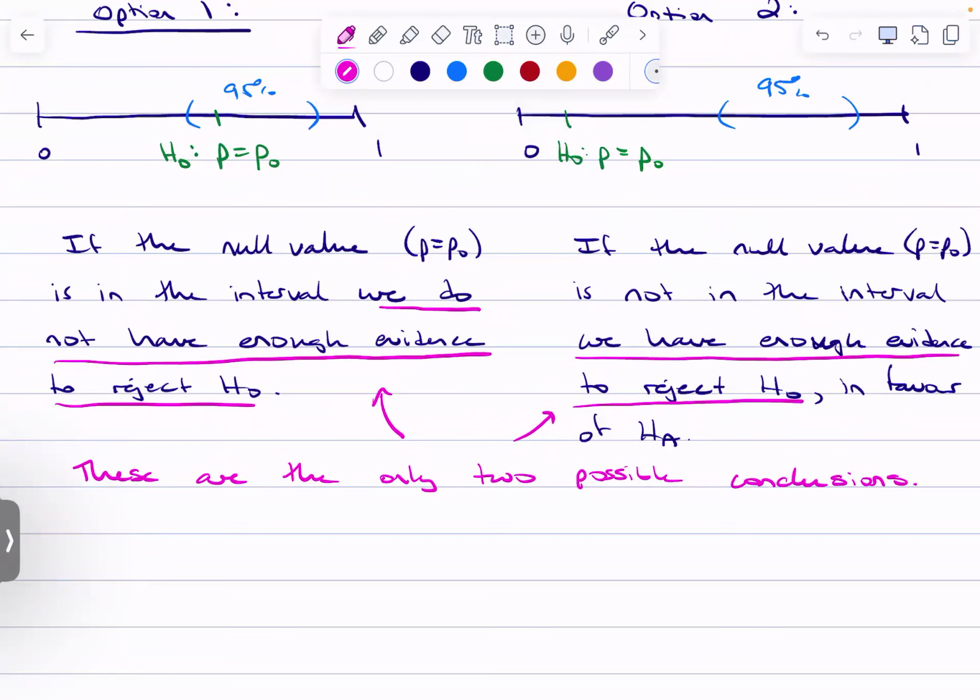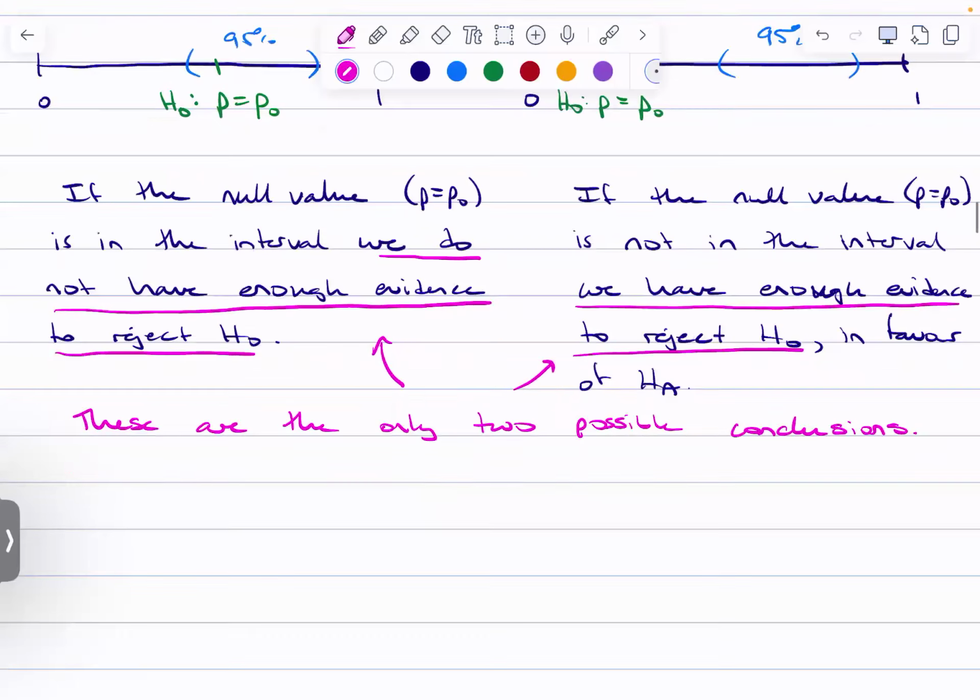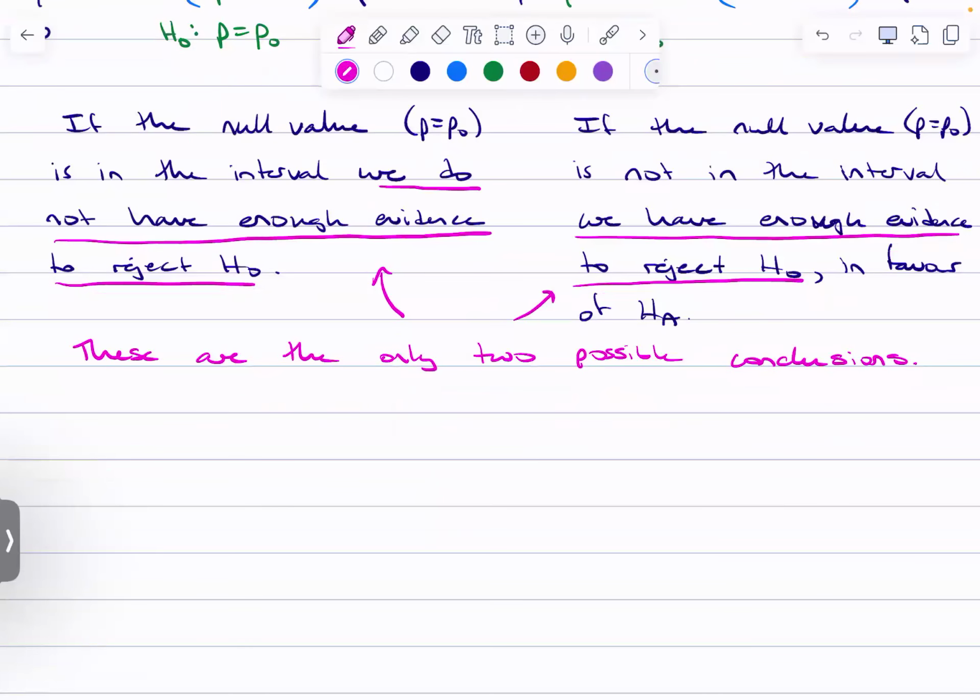And notice that the conclusions are in terms of H naught, right? And we'll see that more clearly later on, but that's because we did everything assuming H naught was true. And so notice conclusions must be about H naught.